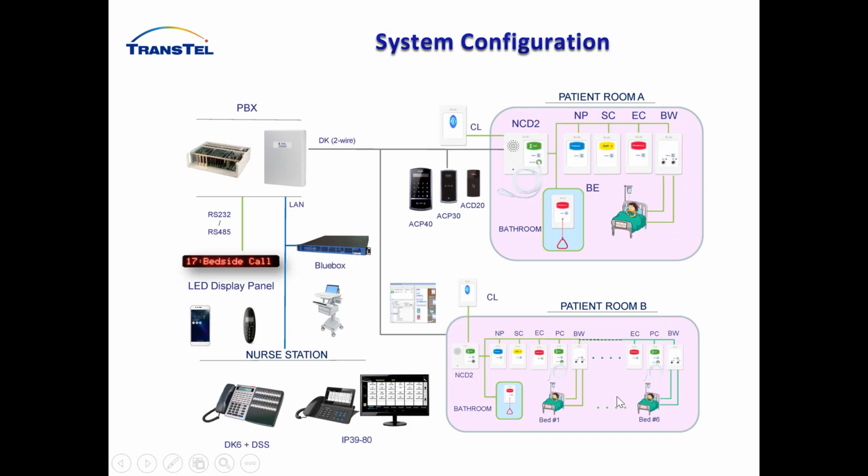Another patient room, type B, is for many beds in one single patient room. For example, here is bed number 1 and bed number 6. For economic reasons, these 6 beds can share one talking device to talk to the nurse on the nurse station, or talk to the nurse holding the smartphone or DECT phone.